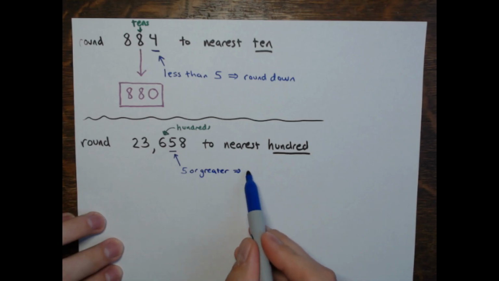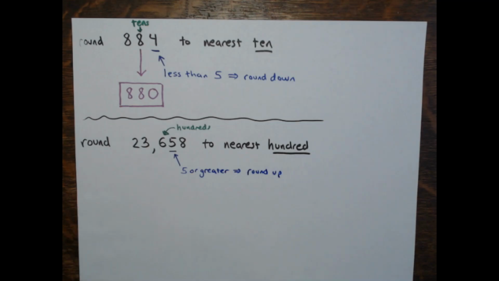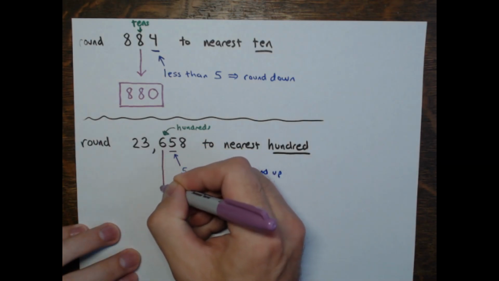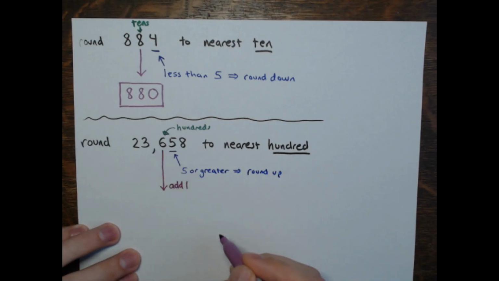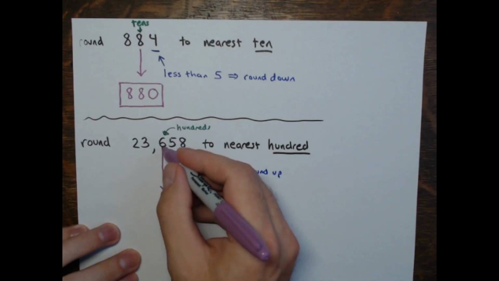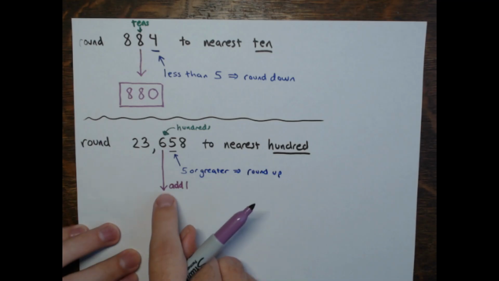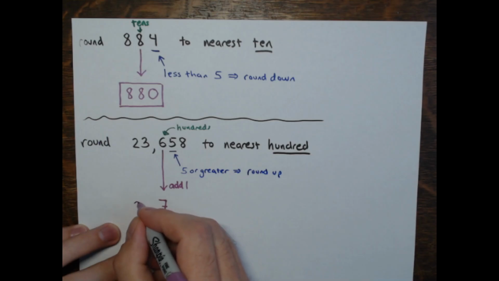So we're going to do what's called rounding up. So the 6 in the hundreds place becomes a 7. We're going to add one to this, bump it up to the next hundred. So 600 becomes 700. That wasn't a 9, so don't worry about changing the digits to the left of it.